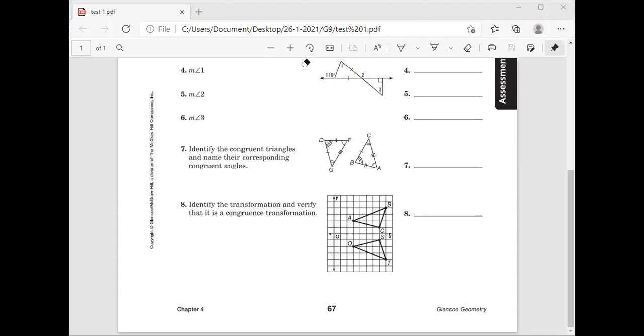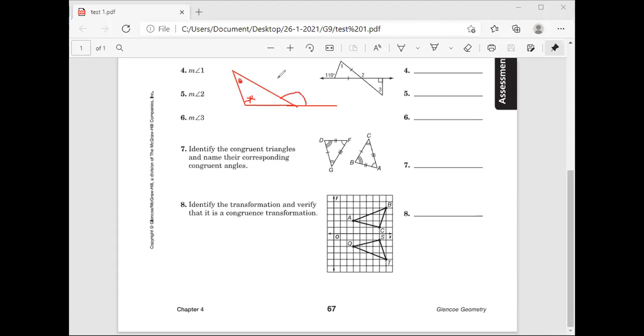With an exterior angle, in case we have a triangle and an exterior angle, this angle equals the sum of the two non-adjacent interior angles.